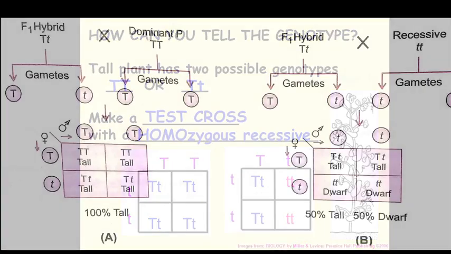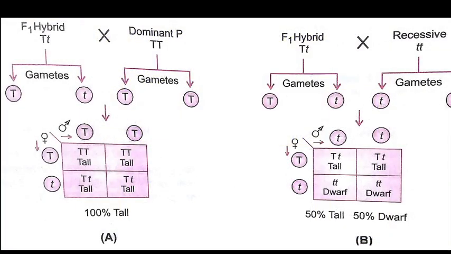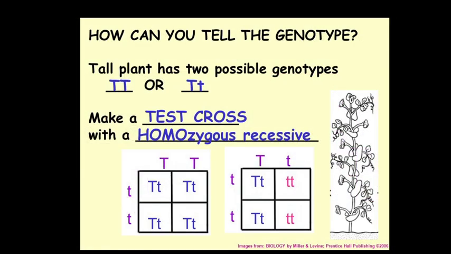For instance, when F1 is back crossed with the dominant parent, dominant individuals are obtained in the progeny. If an F1 individual is crossed with the recessive parent, both phenotypes appear in the progeny. Such a back cross with the recessive parent is said to be a test cross.